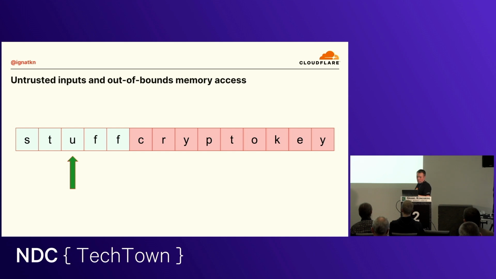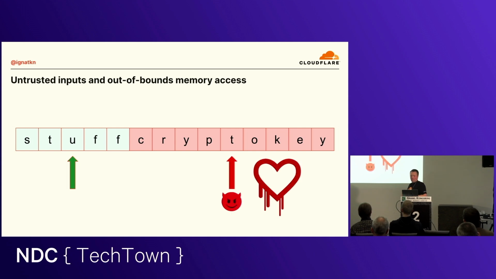Normally your code can only read that data, but as someone said, your software does what you programmed it to do and not what you intended it to do. So you intended to read only that data, but somehow you have a vulnerability, and now it is possible for the code to go past the array bounds and read your cryptographic key.